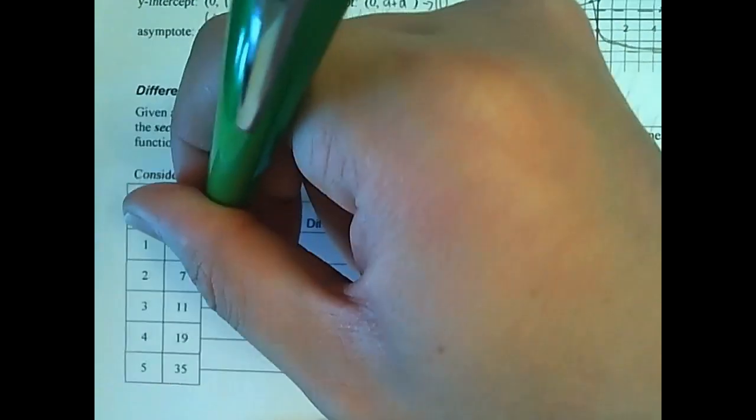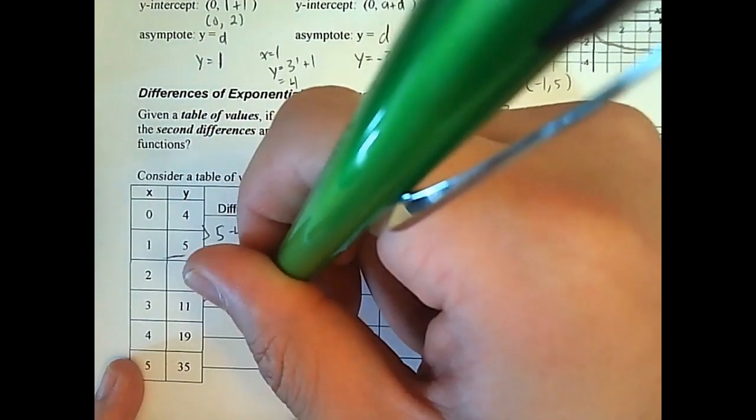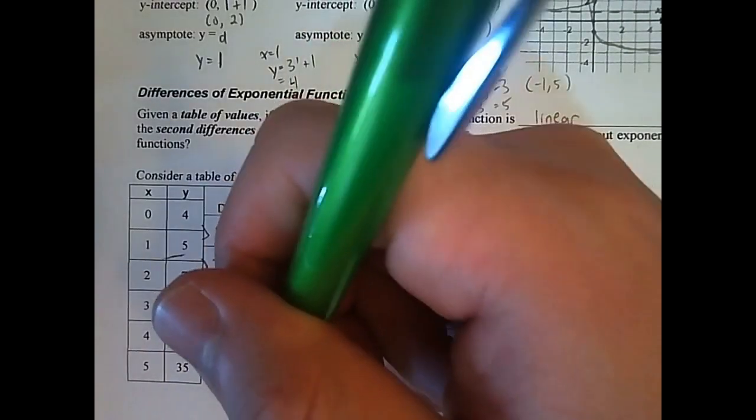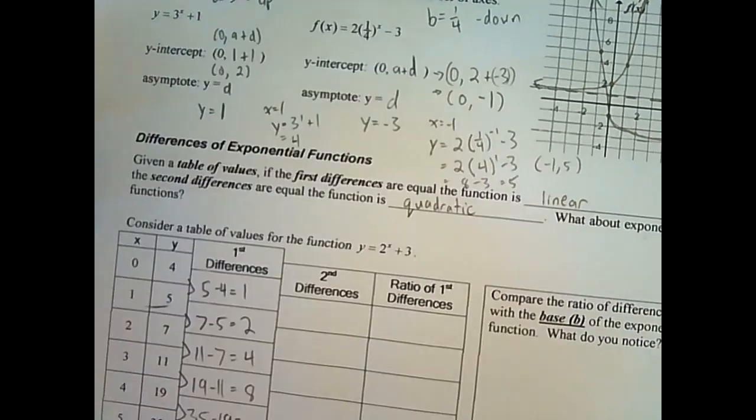If I find the first differences, we have 5 minus 4 is equal to 1. 7 minus 5 is equal to 2. 11 minus 7 is equal to 4. 19 minus 11 is equal to 8. 35 minus 19, I can do in my head, but I'm going to get it wrong, so I'm going to awkwardly look for a calculator. 16.